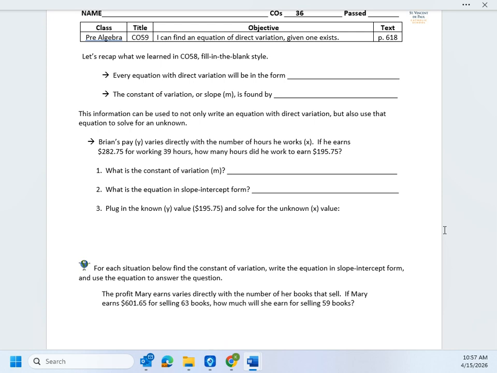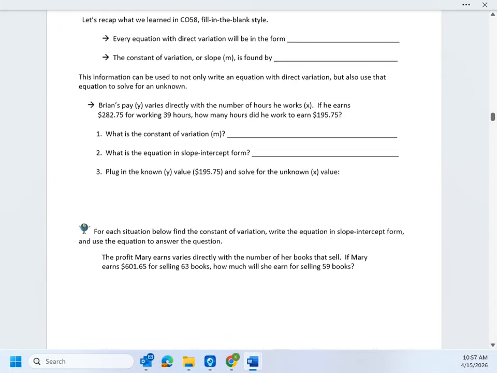So let's recap what we learned in CO58, fill in the blank style. Every equation with direct variation will be in what form? What does the equation look like, Henry? It won't have an... So tell me what to write. y equals mx.